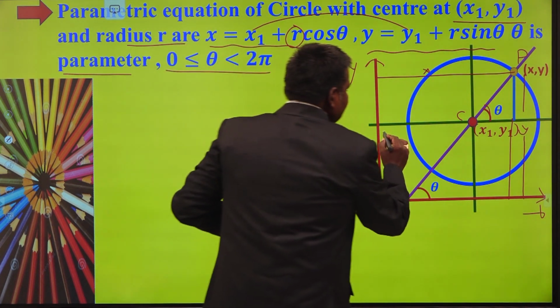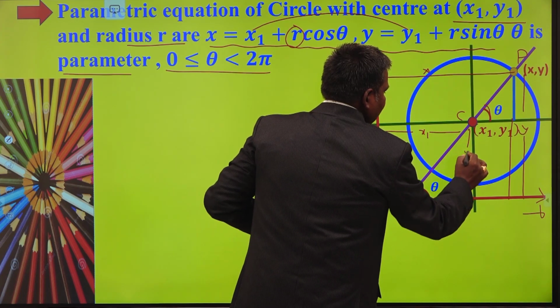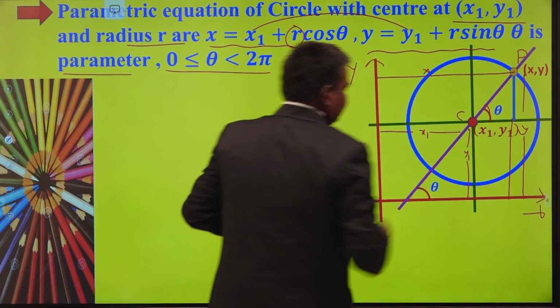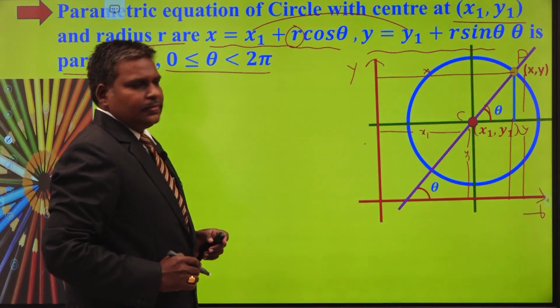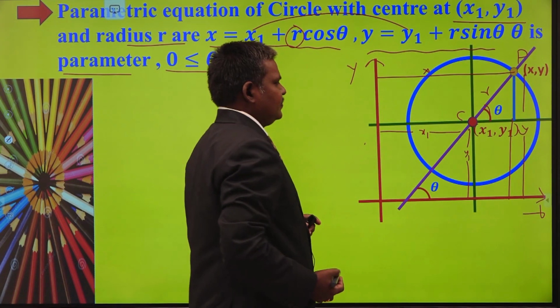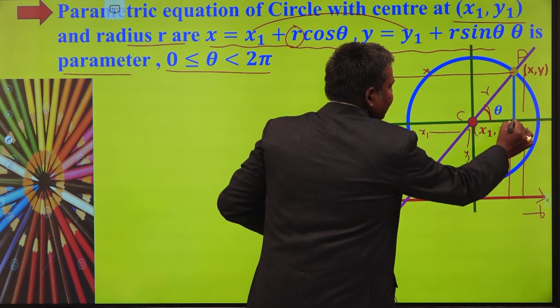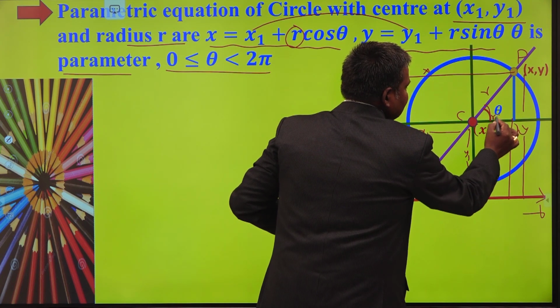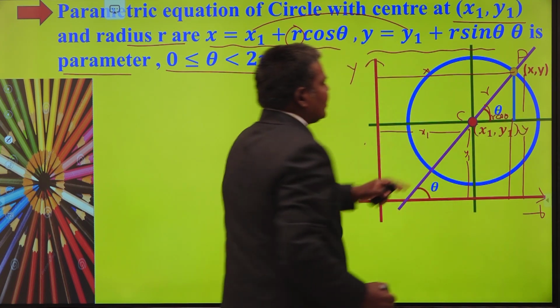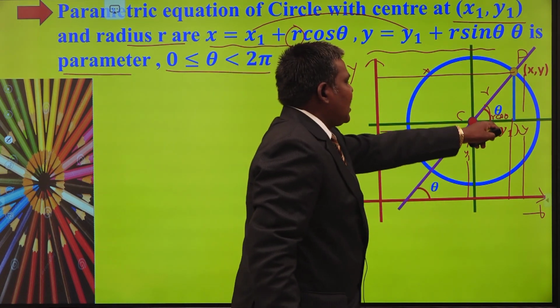Now my question is, what is the distance from here to here? x1. The distance from here to here is y1. What is the distance here? r units. Now can anybody tell me the distance from here to here? Is it r cos theta or not? Apply cos theta. This is some P, say P by r, some L, say L by r.